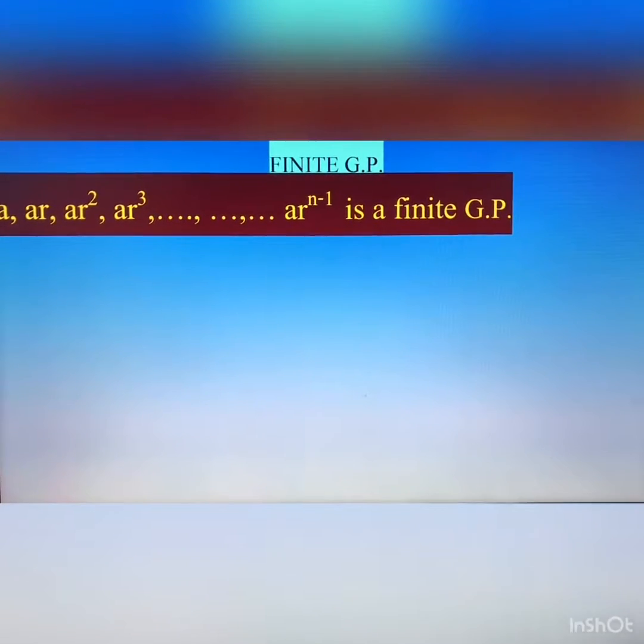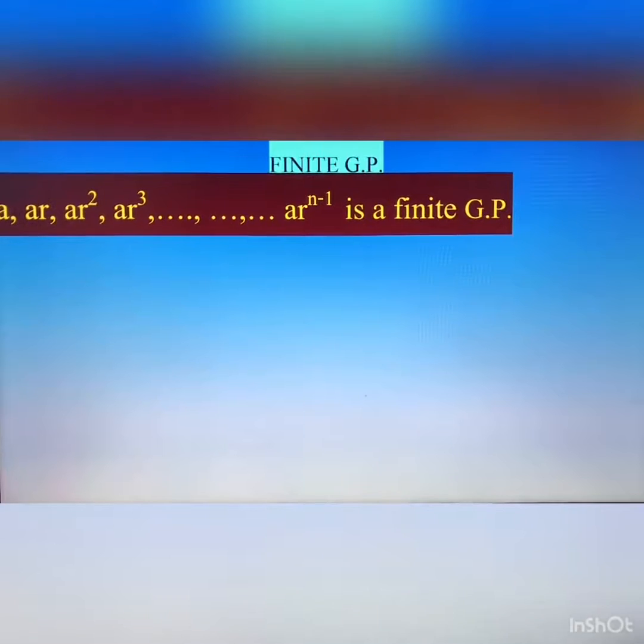Now the finite GP. What do you mean by the finite GP? If the standard GP is given, A, AR, AR square, AR cube and so on up to AR raised to the power n minus 1, it is a finite GP. Why? Because the number of terms here is fixed.